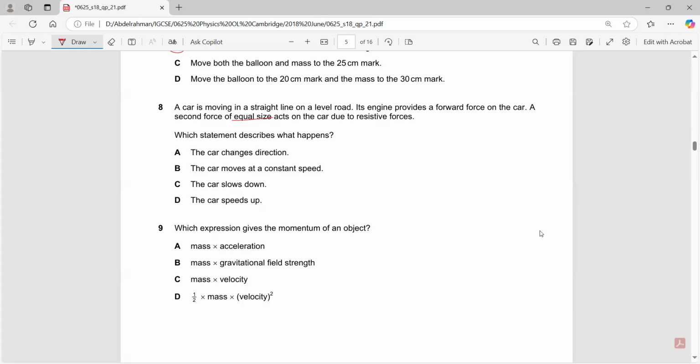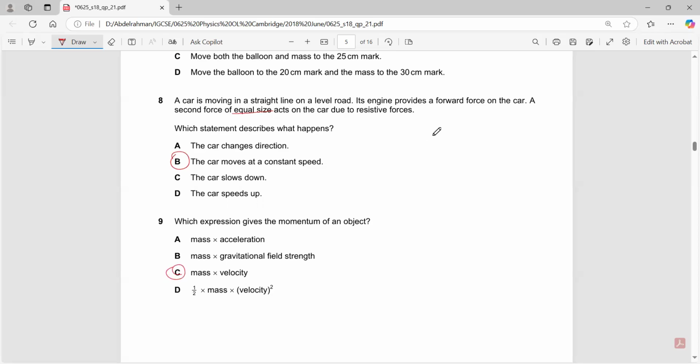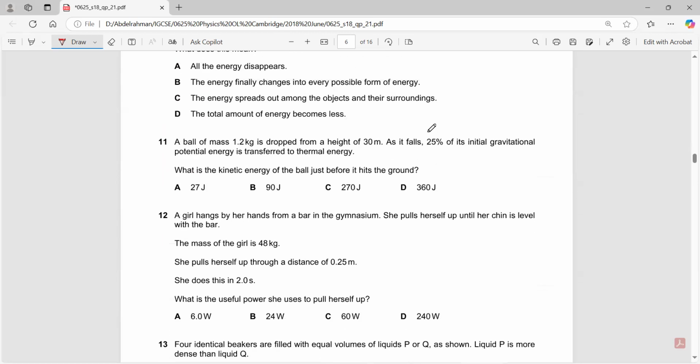This means that the resultant force is 0, and therefore the car is moving at a constant speed. Which expression gives the momentum of an object? Momentum is mass times velocity, mv.